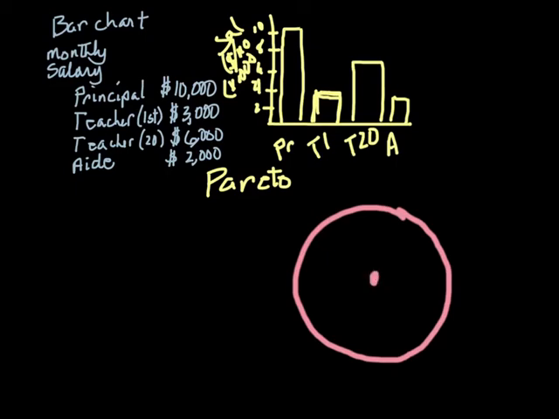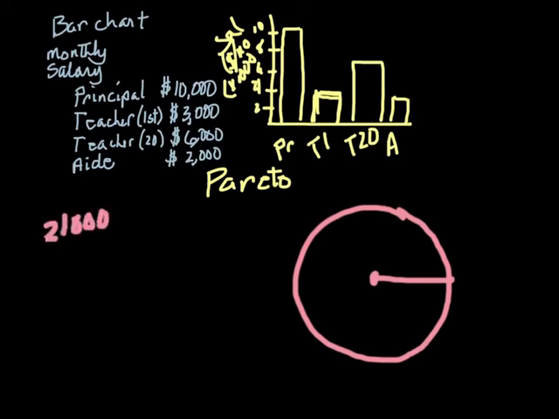So what I always do is start with this radius right here, and work my way around the circle. So I'm going to add these up. 10,000 plus 3,000 plus 6,000 plus 2,000 is 21,000.